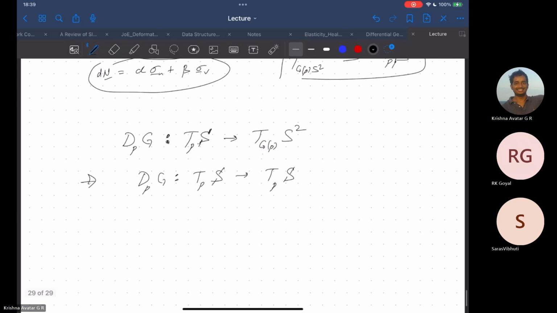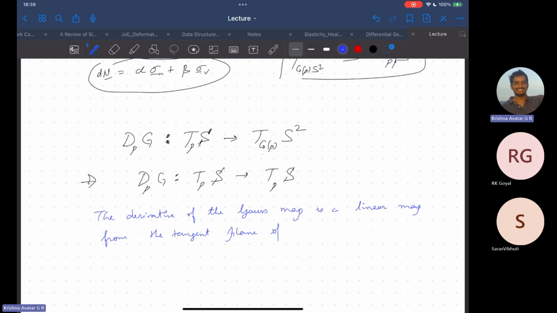So we can say that the derivative of the Gauss map is a linear map from the tangent plane of S to itself, because we are just mapping tangent plane to tangent plane.